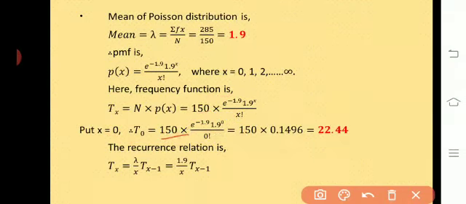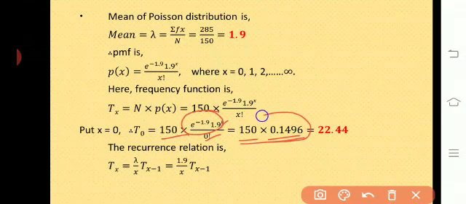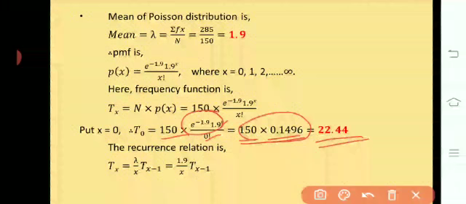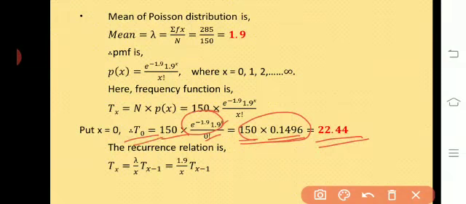Now 150 as it is, 1.9 raised to 0 is 1, 0 factorial is 1, so remaining is e raised to minus 1.9, and from the Poisson statistical table you will get 0.1496. Multiply these two, you will get 22.44, and that is the value of T0, the first frequency term.